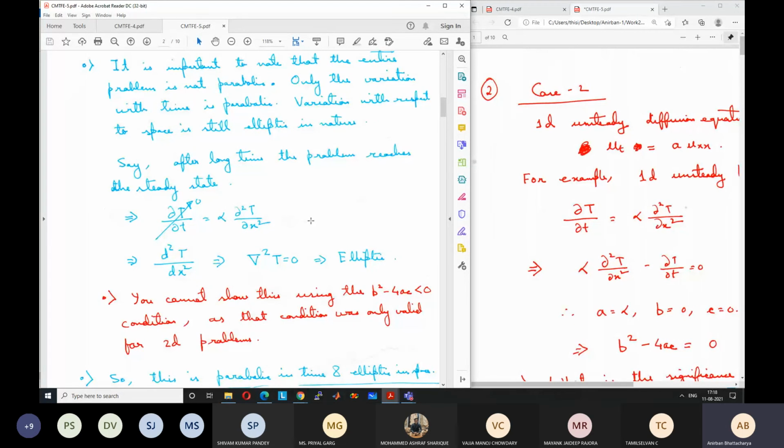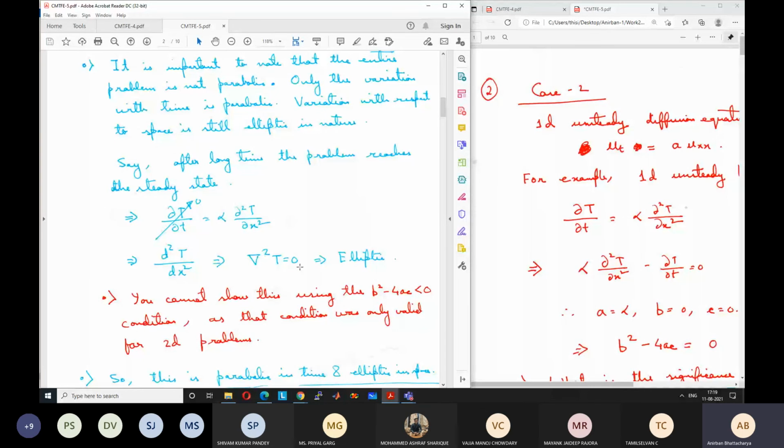Although if you want to apply b square minus 4ac to this equation, you will find that it looks like a parabolic, as b square minus 4ac will be 0. But because it is a different problem, we cannot use that type of classification here. We know based on the nature that this is an elliptic problem.